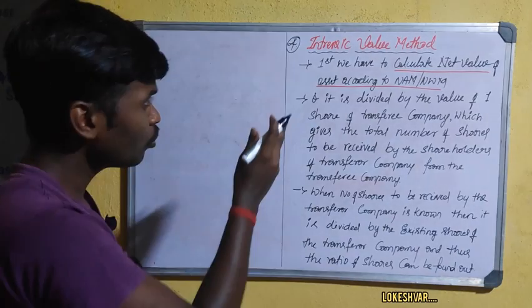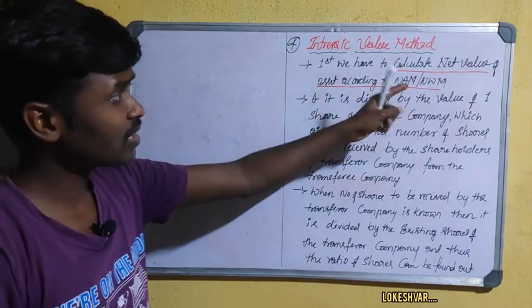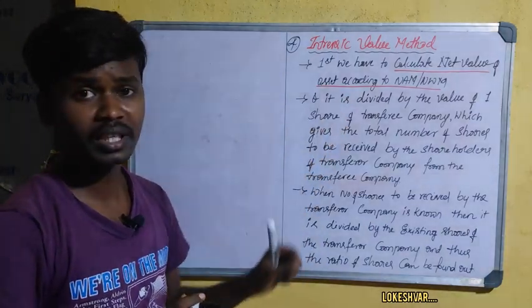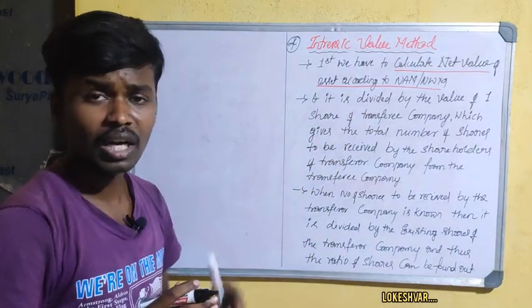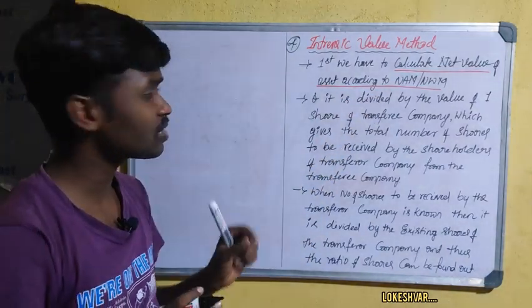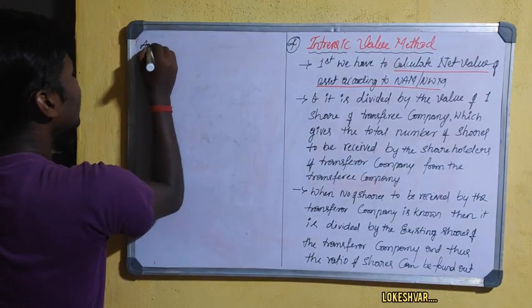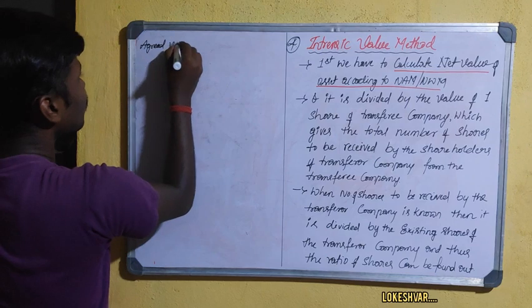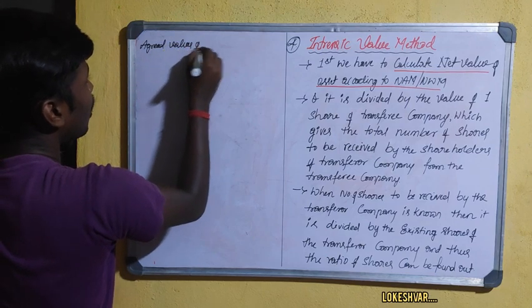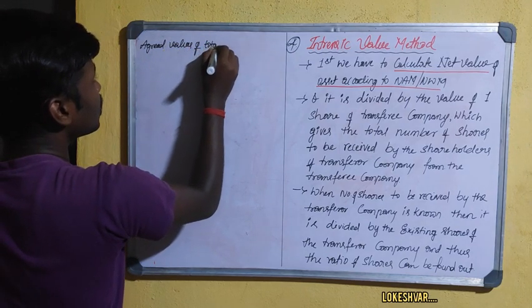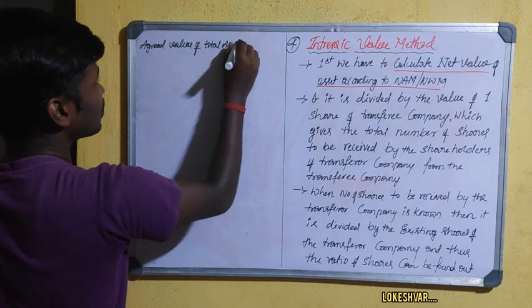Let's see how. I already explained this net asset method or net worth method. In this method, to calculate the total net value of asset or purchase consideration, we take the agreed values of total assets.